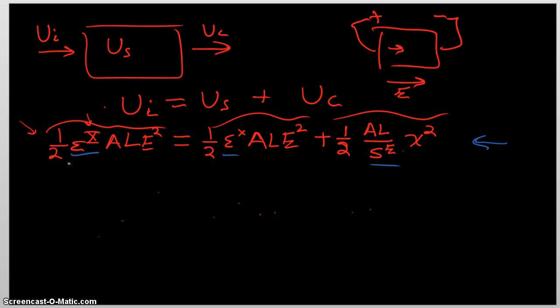So immediately we try to reduce these equations. We have the epsilon^X. Let's divide through by 1/2 area L. So now we're left with this equation.